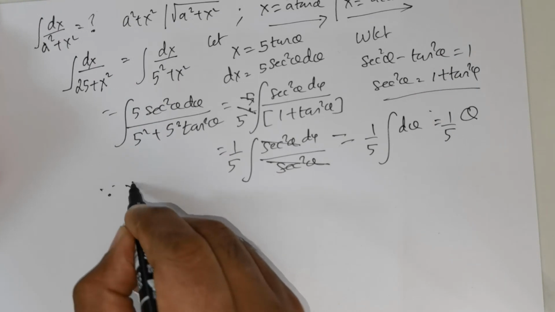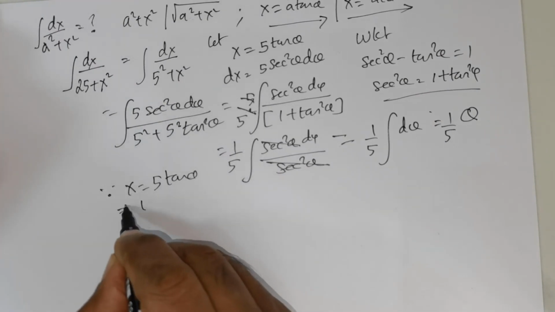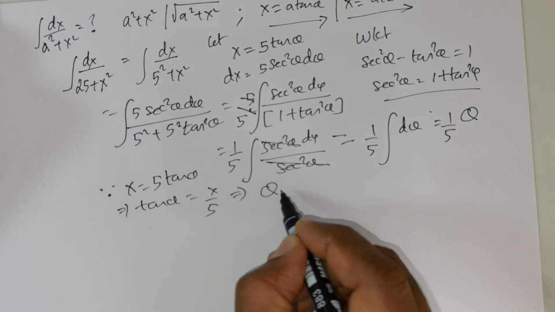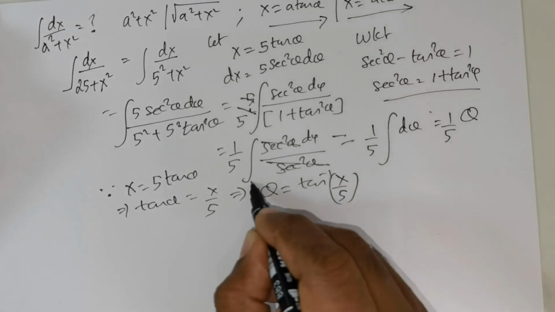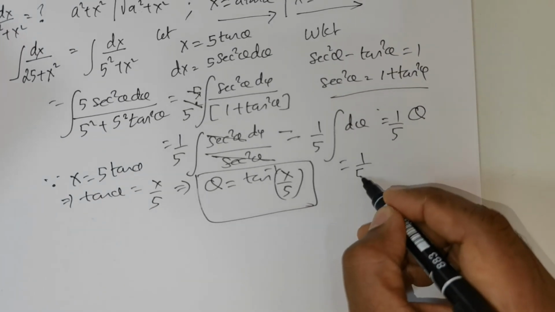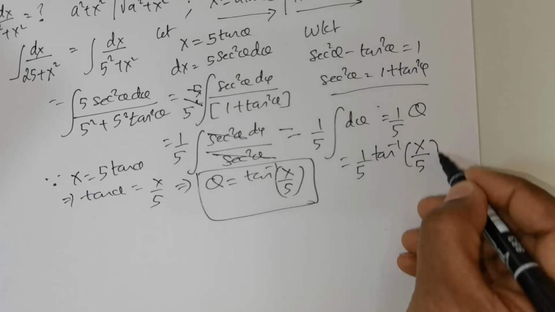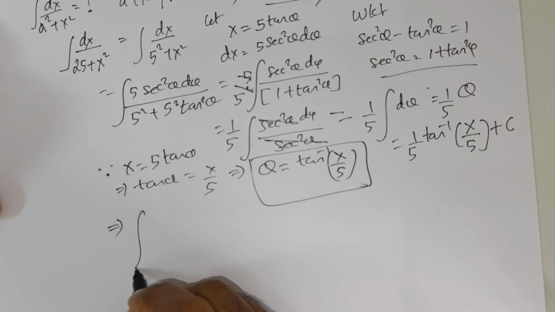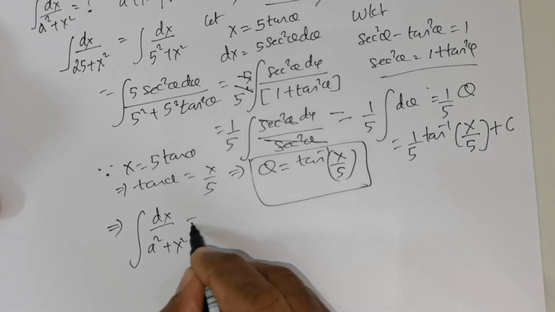Now since I've taken the substitution x is equal to 5 times tan theta, I can rewrite this as tan theta is equal to x over 5, and then I can rewrite theta to be tan inverse of x over 5. So this is the value for theta. So substitute it here. So it's going to be 1 over 5 times tan inverse of x over 5 plus arbitrary constant.